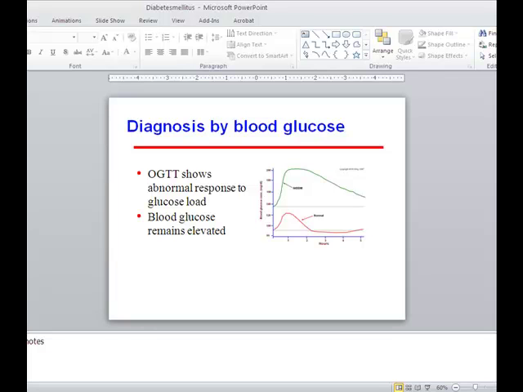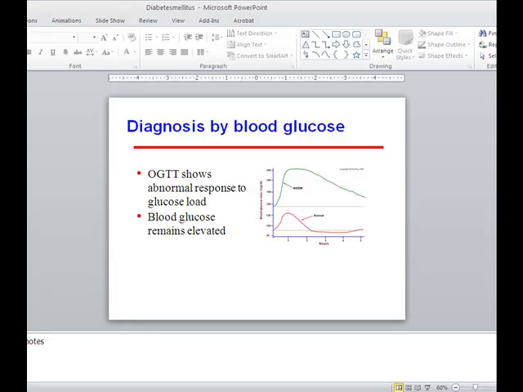And this is the oral glucose tolerance test. The red curve shows the glucose levels after consumption of that 75 grams of glucose. Normally, this is the profile, whereas the green shows the case of a patient with non-insulin dependent diabetes mellitus.